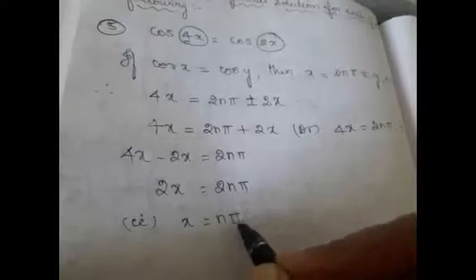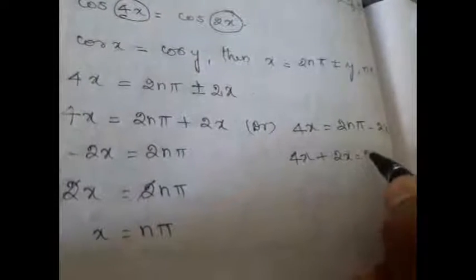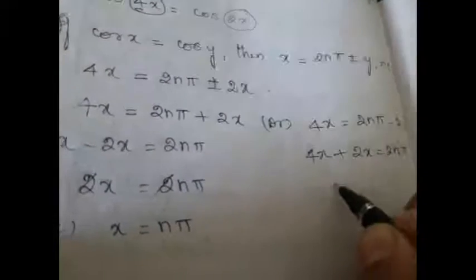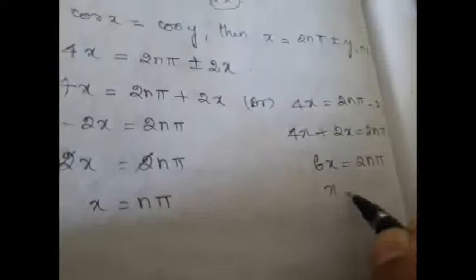Now bring this plus 2x to the other side, it will become minus 2x, which is equal to 2n pi. So 2x equal to 2n pi, that is x equal to n pi. 2 will get cancelled. Similarly here, if I bring minus 2x to the other side, it will become plus 2x, which is equal to 2n pi. So this will become 6x equal to 2n pi, or x is equal to 2 by 6 n pi, which is nothing but 1 by 3.